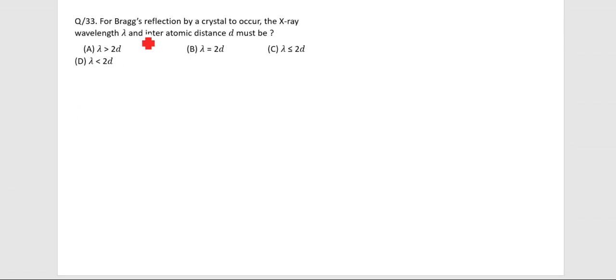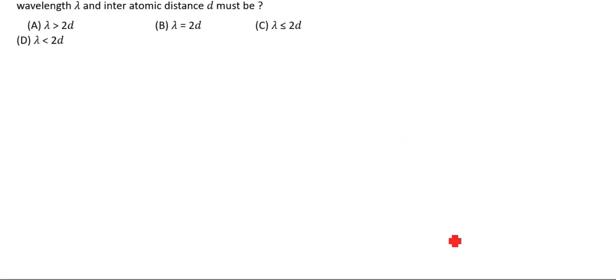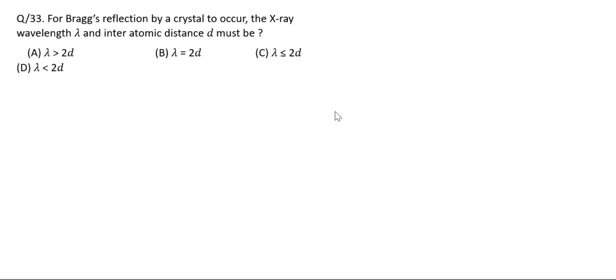So next question, given by Bragg's diffraction: for reflection by a crystal to occur, for X-ray of wavelength lambda, the interatomic distance d must be. It has four options. We know one formula in Bragg's reflection, that is 2d sine theta equal to n lambda. Let first order diffraction, so put n equal to 1.